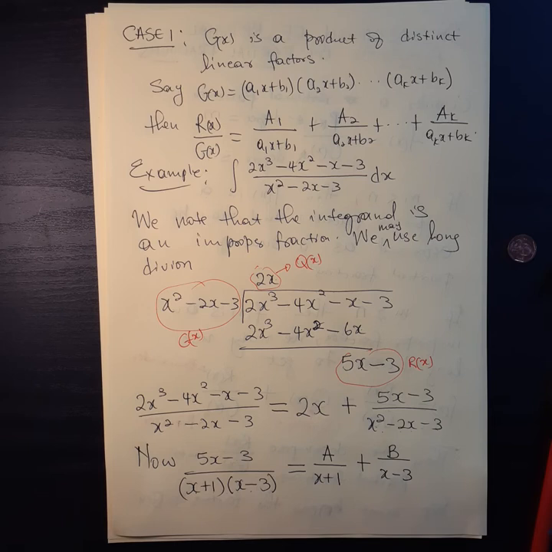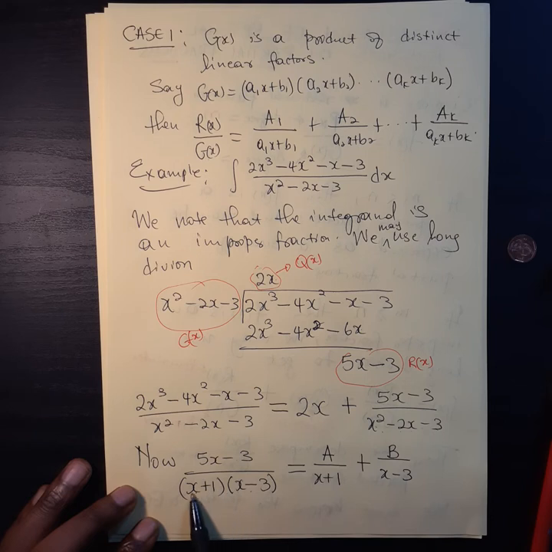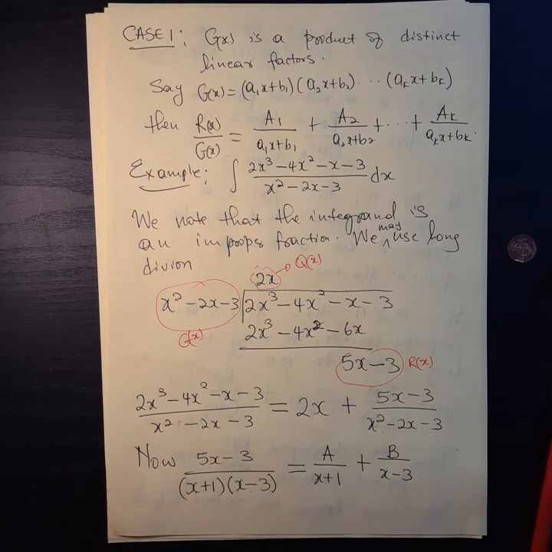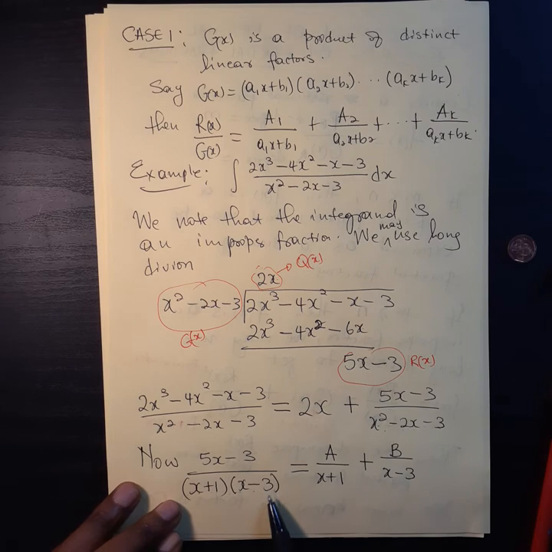So if you equate this to 0, this will give you negative 1, this will give you positive 3. So usually we start with positive numbers followed by negative numbers when we're factorizing, based on that reasoning.